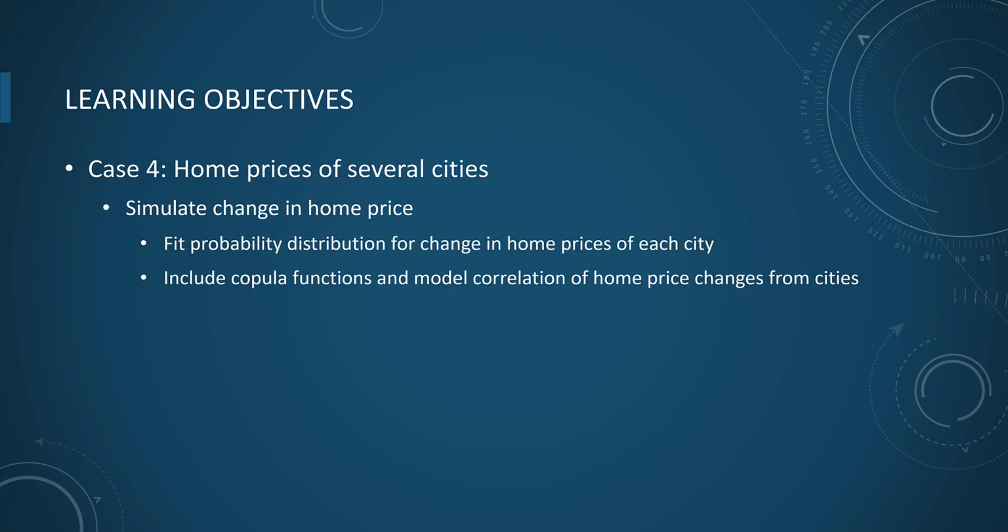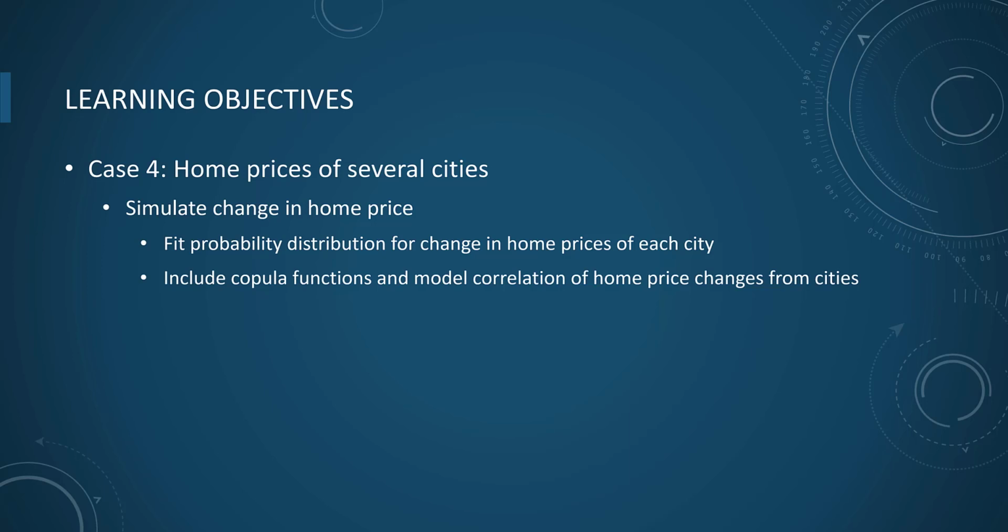The fourth case is home prices from several cities, and here we're going to fit a probability distribution for the change in home price in each of the cities. So you have 4 or 5 cities, 4 cities I think, and you look at the change in price in each time period, and then we will incorporate a copula function. Once again, we talked about this.